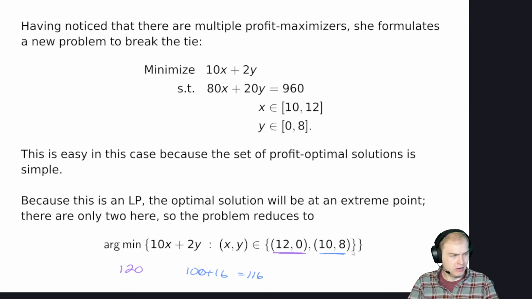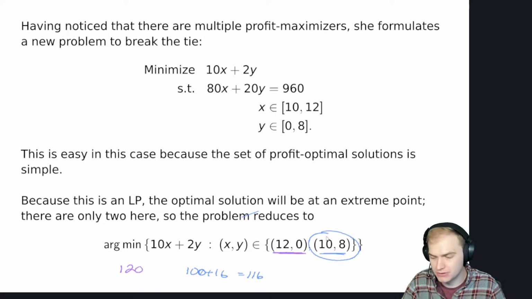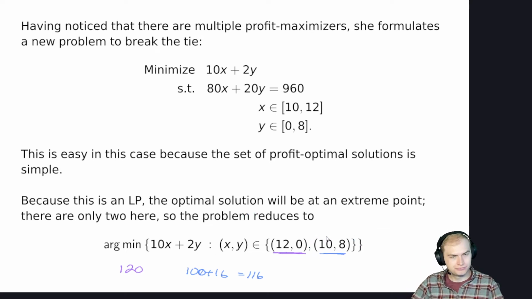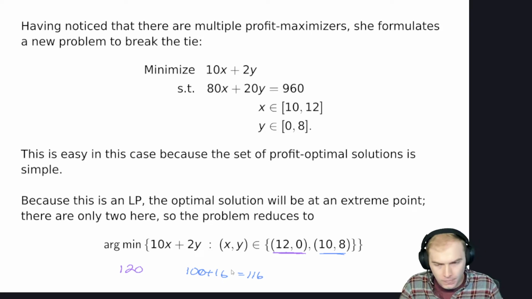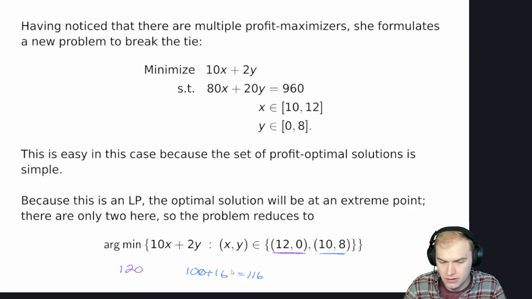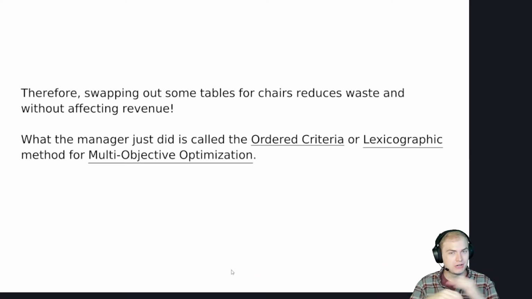So, from this perspective, 10 and 8 is actually the better solution. Right, so what's next? Swapping out some of our table production for chairs reduces waste without affecting the revenue.